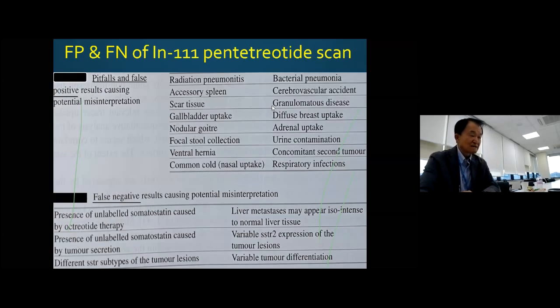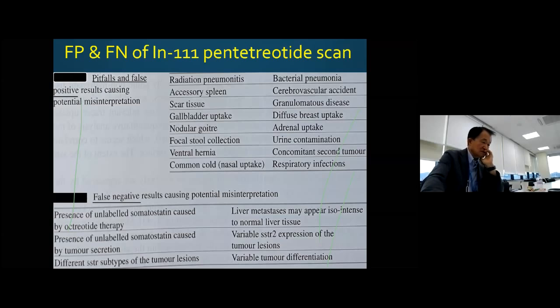And vascular stroke, and diffuse breast uptake. This must be related to hormone. Normally there is a little bit in the bilateral adrenals, but urine contamination is certainly expected.